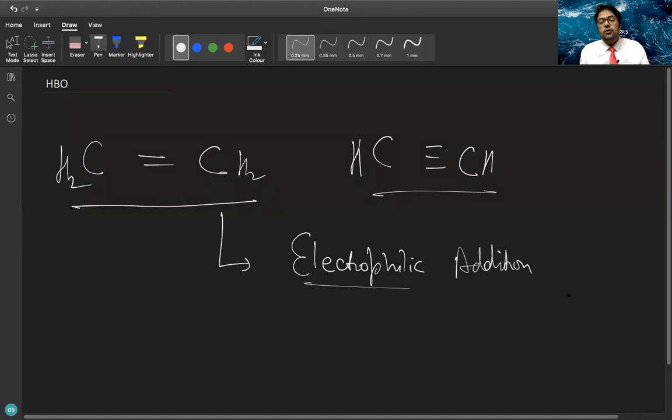Why is it so? Why will the electrophile attack? Because we have this high electron density. An electrophile will definitely love the high concentration of electrons, and we do have this high concentration of electrons here. So anytime, anywhere when you see a double bond or a triple bond, an electrophile will definitely attack because of the high electron density.